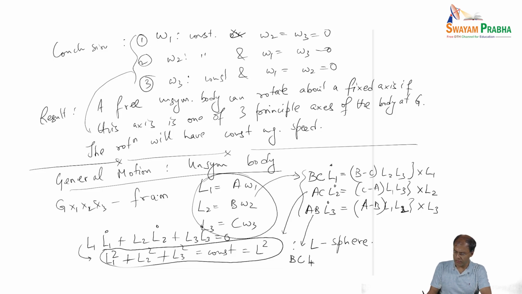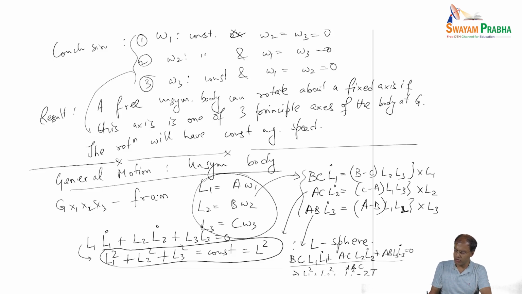The same set of three equations reduces as follows: BC L1 L1 dot plus AC L2 L2 dot plus AB L3 L3 dot is 0. Then we can divide throughout by ABC, and we see that this is also equal to L1 square by A plus L2 square by B plus L3 square by C, which we have integrated out.